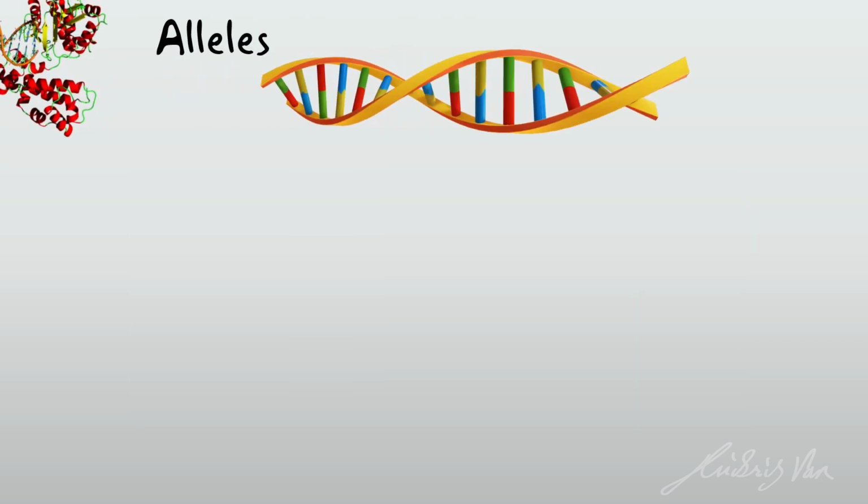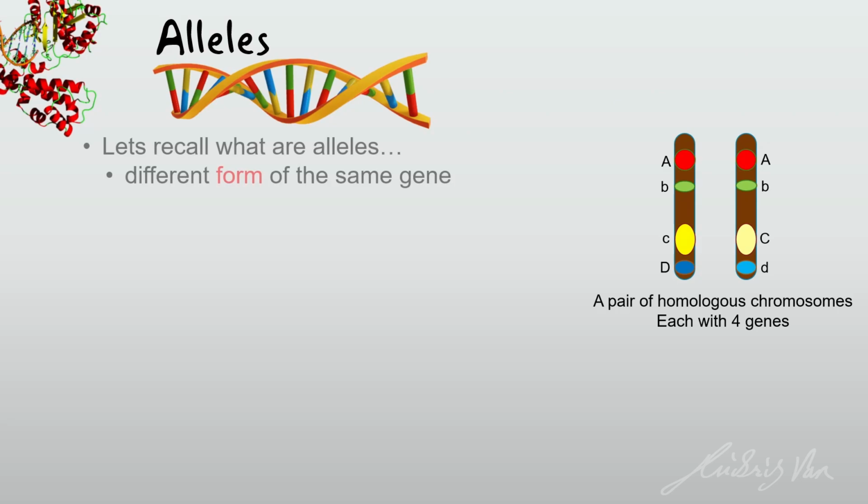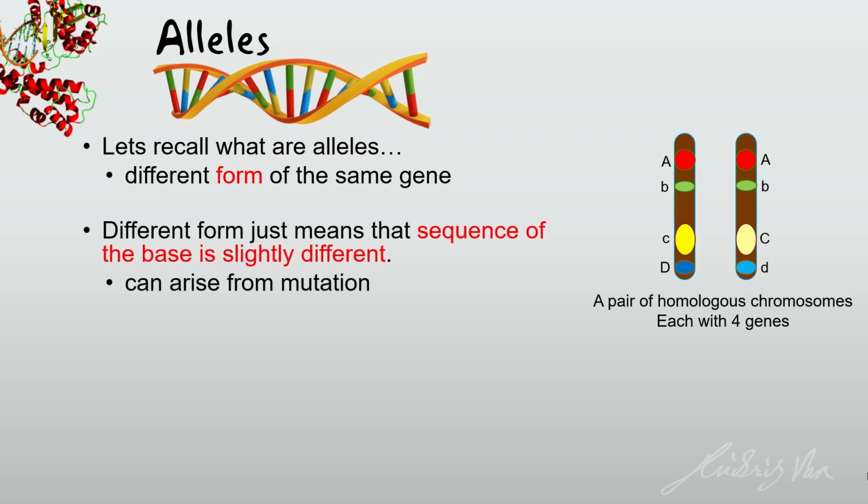What is not just for your information is, let us recall what alleles are. So alleles are different forms of the same gene. But what do we mean by different form? Different form just means that the sequence of bases is slightly different from each other.